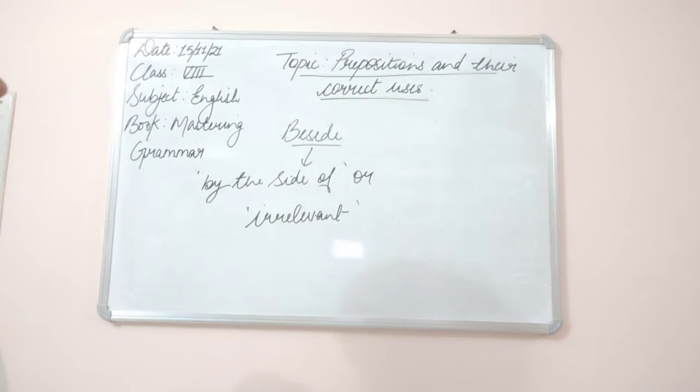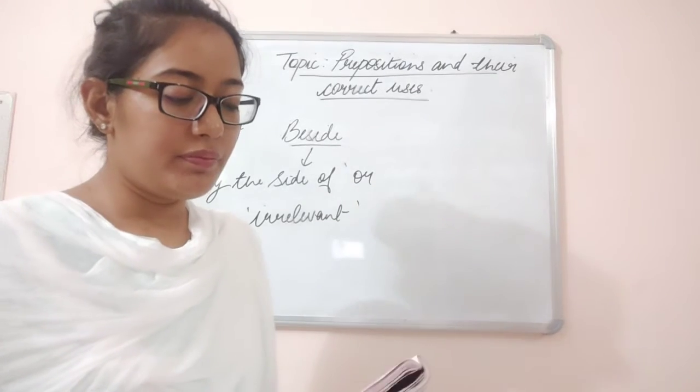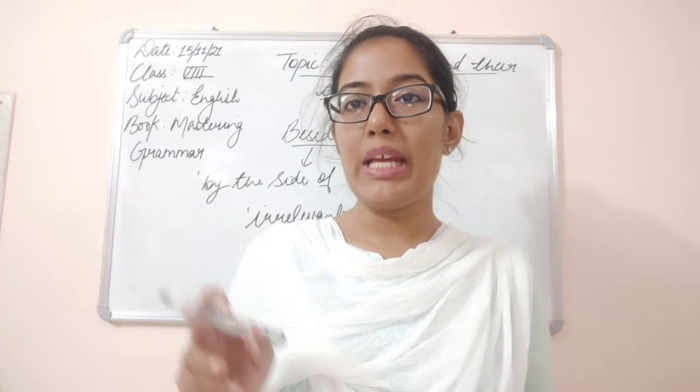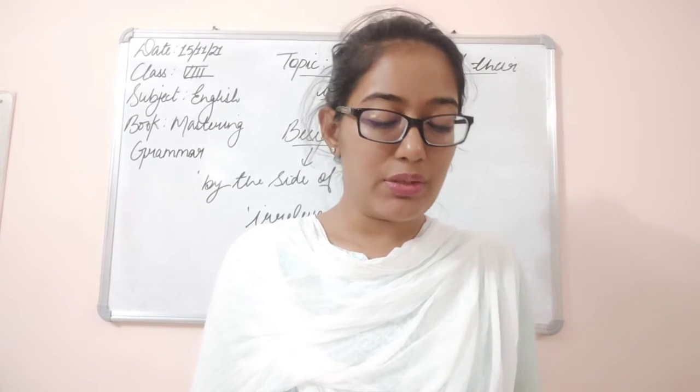Beside means by the side of, irrelevant to. Whereas besides means in addition to, apart from, or as well as.